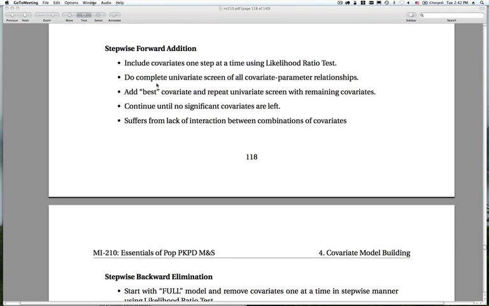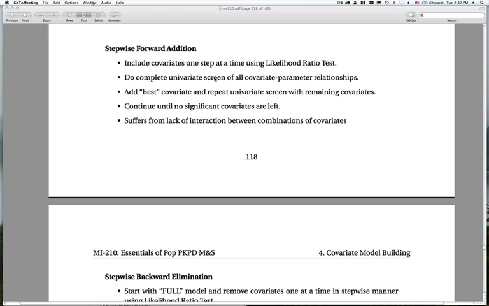Stepwise forward addition. This is one where you're building a population covariate model starting at a stable base model with no covariates. Now, if you're going to do this method, please do the data reduction step first. If you don't do the data reduction step, these results are going to be uninterpretable in most cases.